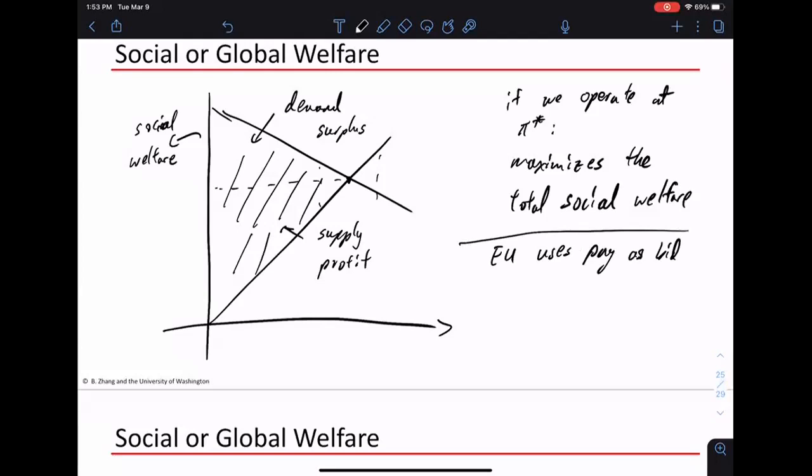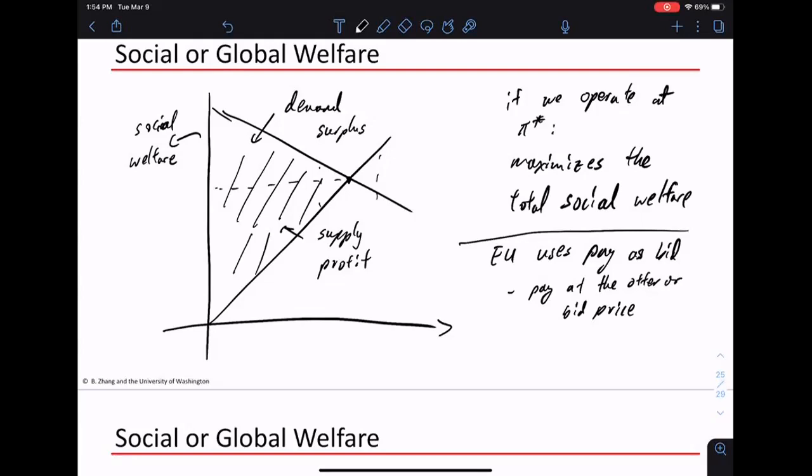So this is exactly what it means: pay the offer or bid price. Europe does this, saying we'll clear the market, but this market clearing basically just tells you if you're in the market or not.